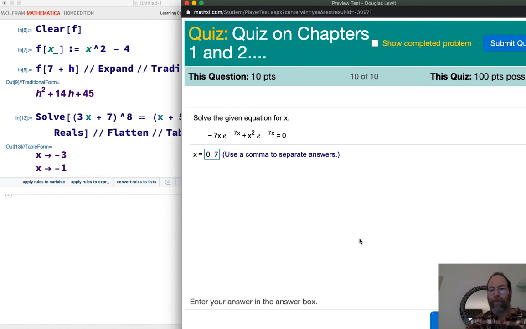Maybe you'll set up the problem by hand and you'll finish it using Mathematica. Mathematica is a wonderful tool. I don't think you should use it to solve every single problem that you have, but you should use it to solve problems that are especially difficult or tricky, or problems that involve a lot of information, a lot of data.